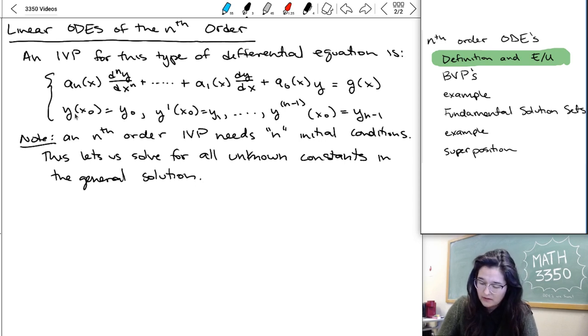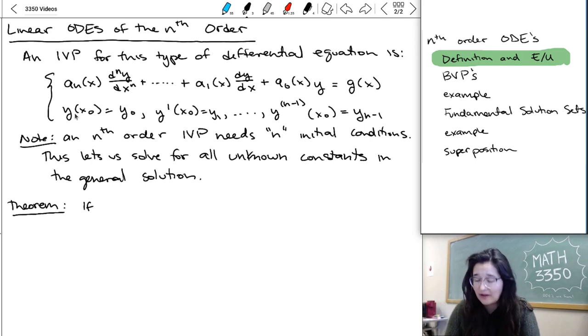And then, just like when we learned about first order differential equations, we're going to have an existence and uniqueness theorem. That's given with sort of the same conditions we had before, just now we have more functions to think about.